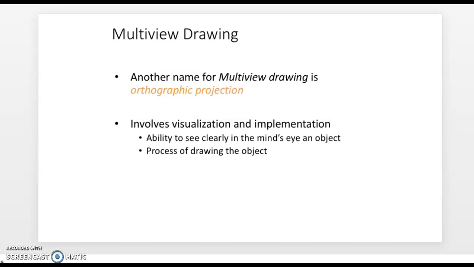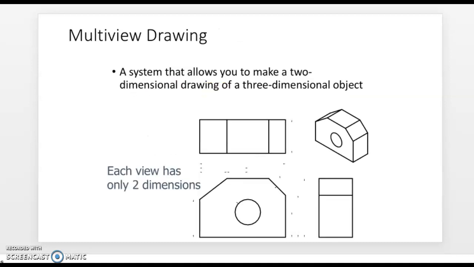So it could be the front of the object, it could be the top of the object, the right side, the left side, the bottom, and also the back. By having a clear mental image, students are able to visualize what each side looks like and therefore should be able to draw it. In a multi-view drawing, it allows us to take a 3D object and unfold it.